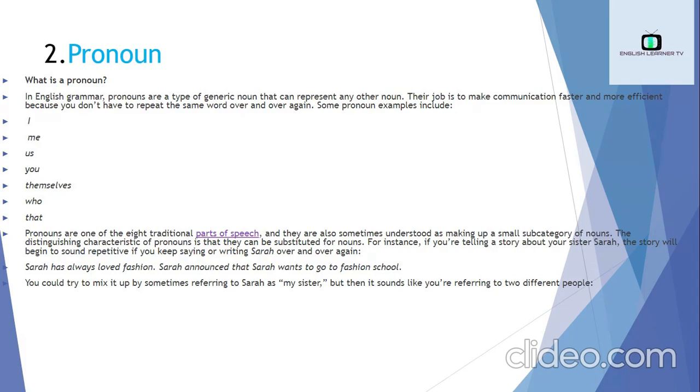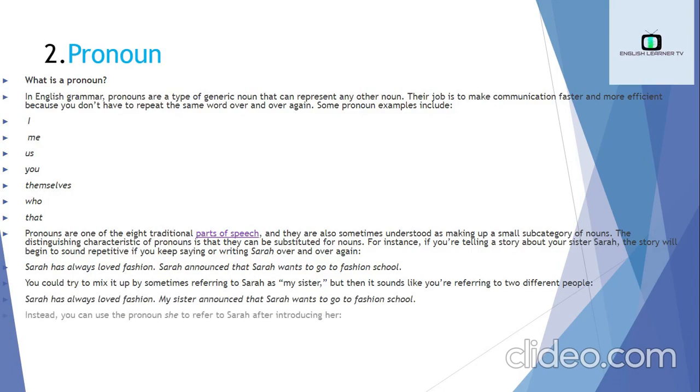You could try to mix it up by sometimes referring to Sarah as my sister, but then it sounds like you are referring to two different people. Sarah always loved fashion. My sister announced that Sarah wants to go to fashion school.